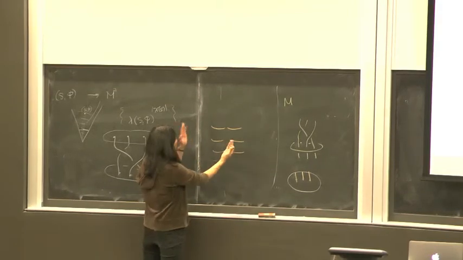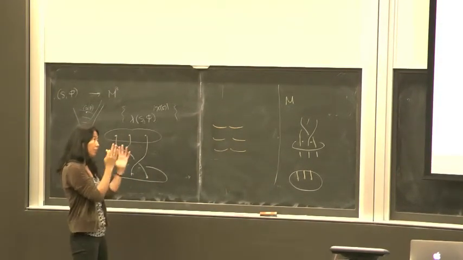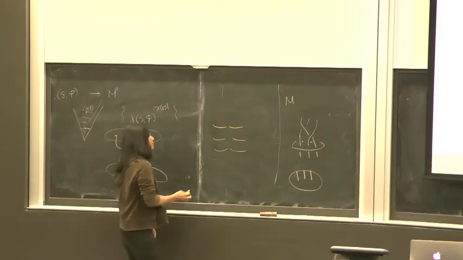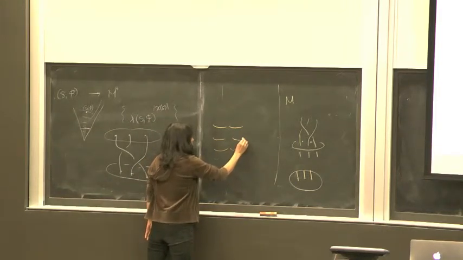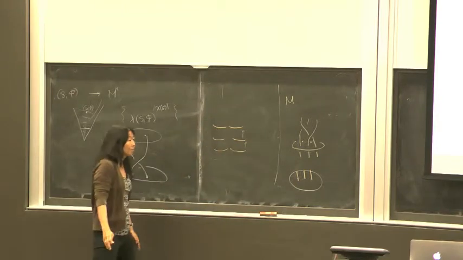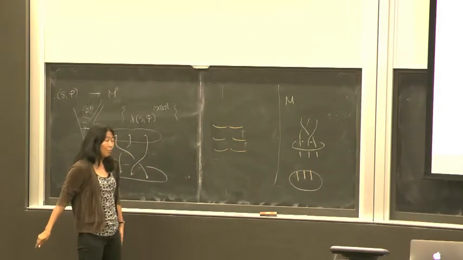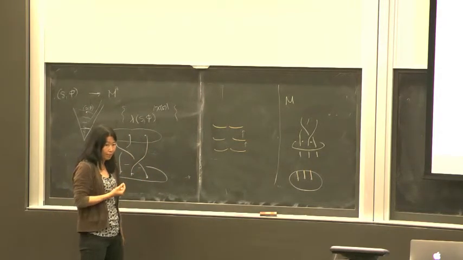When you're looking at neighboring mapping classes, most of the time everything just shifts up, but at some point it has to do the original mapping class.